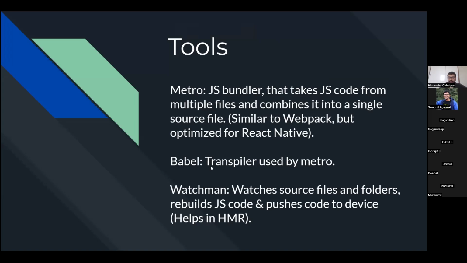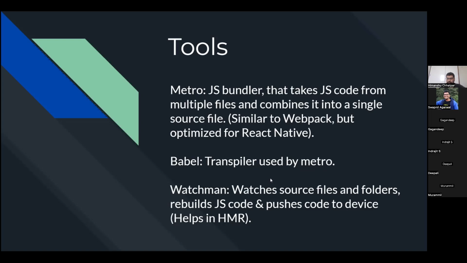Babel is basically a transpiler that is used by Metro. Okay, and this is something that is new, maybe. Watchman is a tool that watches your source files, rebuilds JS code and pushes code to the device. It watches your source folder and sees if something updates.